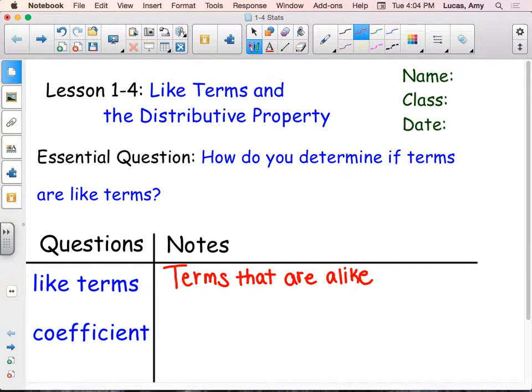But more specifically, the part of the terms that are alike is the variable part. And that variable part has to be exactly the same.